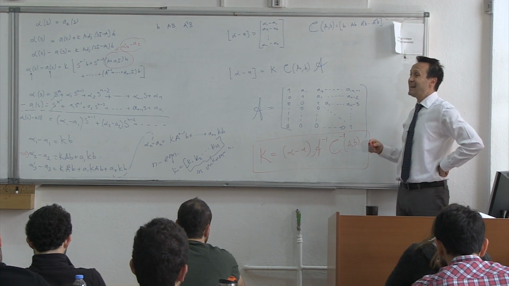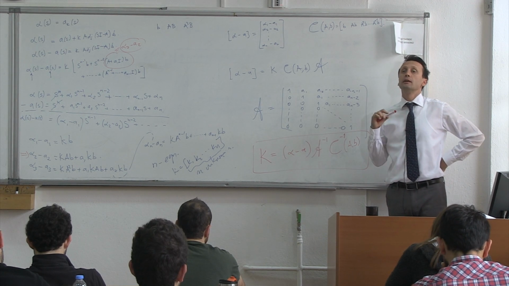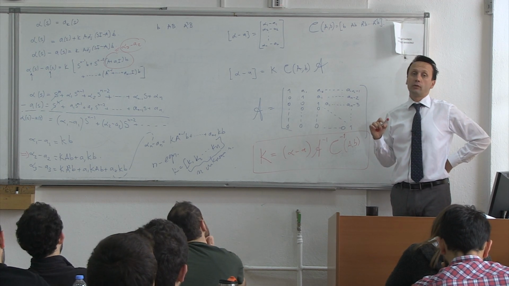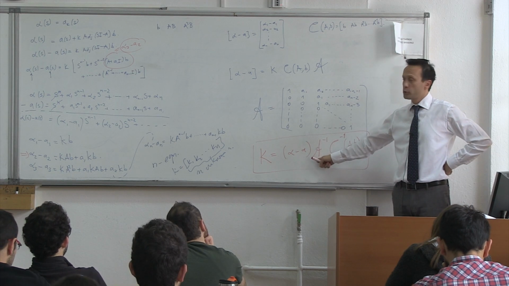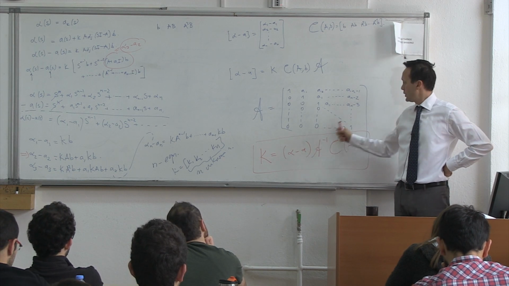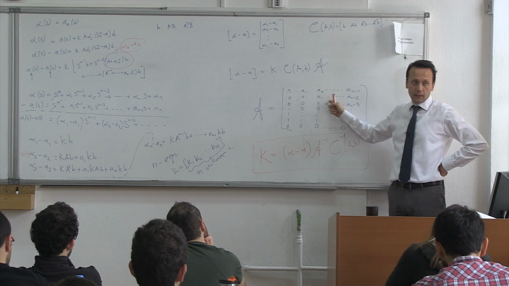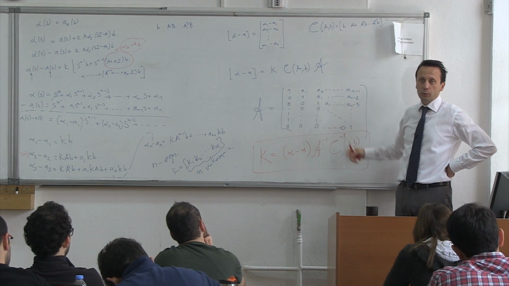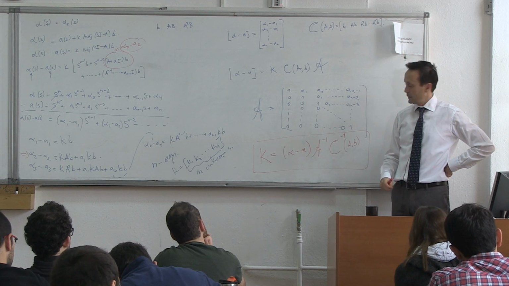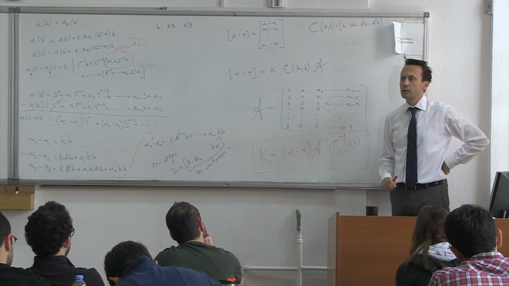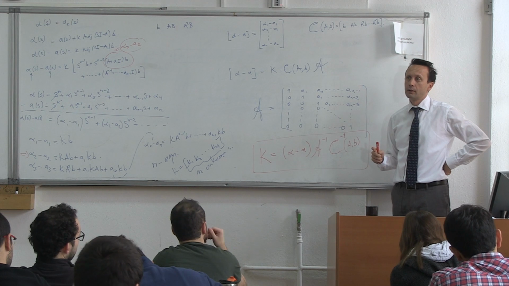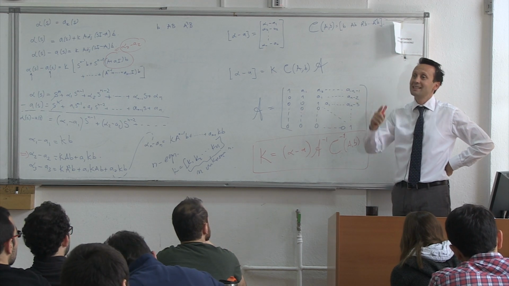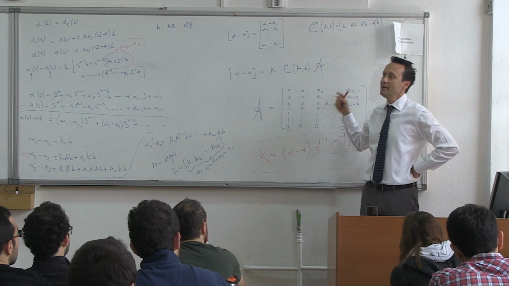Question is, of course, do these inversions always exist? For script A, I can say it always exists. It's an upper triangular matrix. You have ones in the row. I know the inverse will exist. How about the controllability matrix? Will the inverse always exist, or when doesn't it exist?